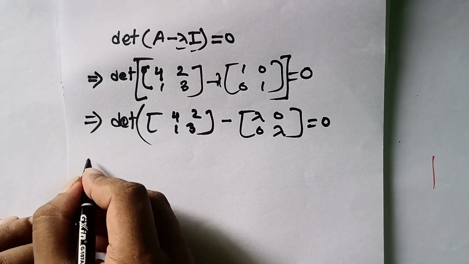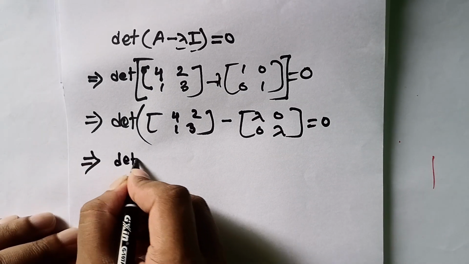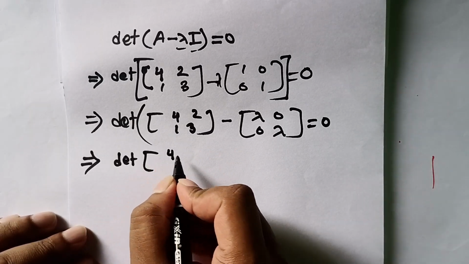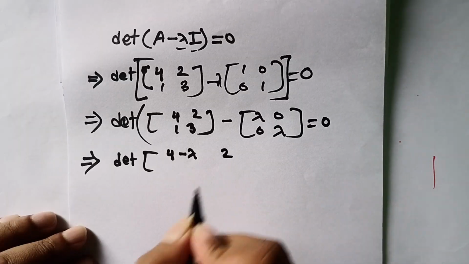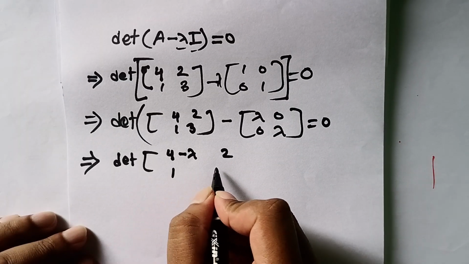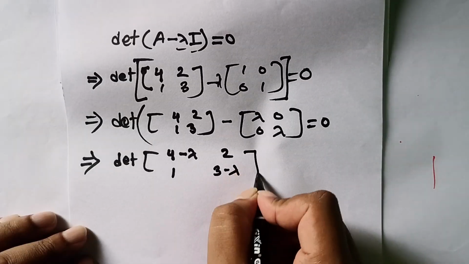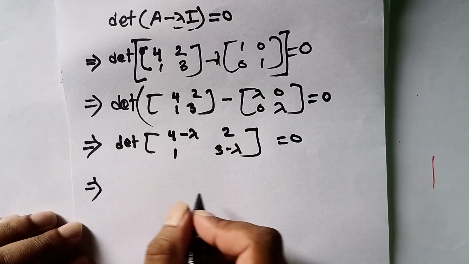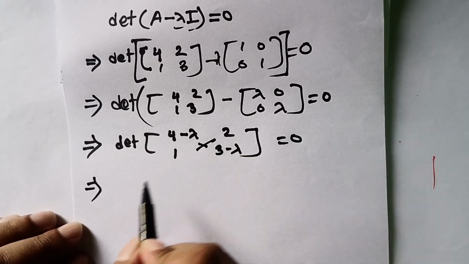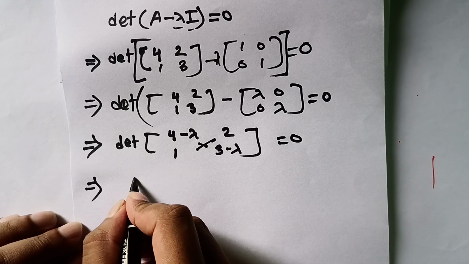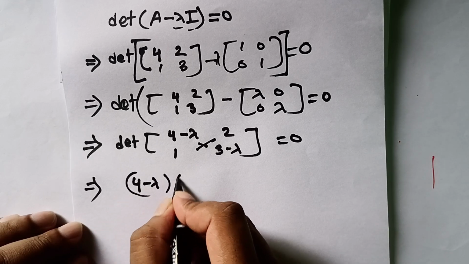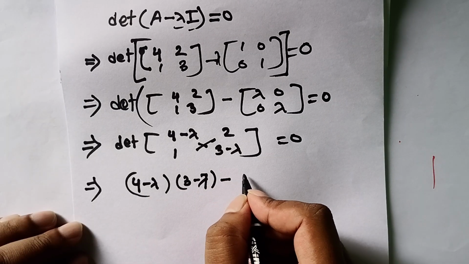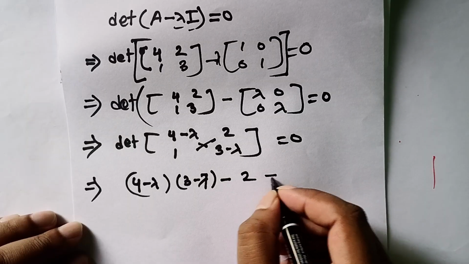When you subtract, you will find [4 minus lambda, 2; 1, 3 minus lambda] is equal to 0. Now we are ready to find our determinant. We multiply diagonally and subtract, so we have (4 minus lambda)(3 minus lambda) minus 2 is equal to 0.